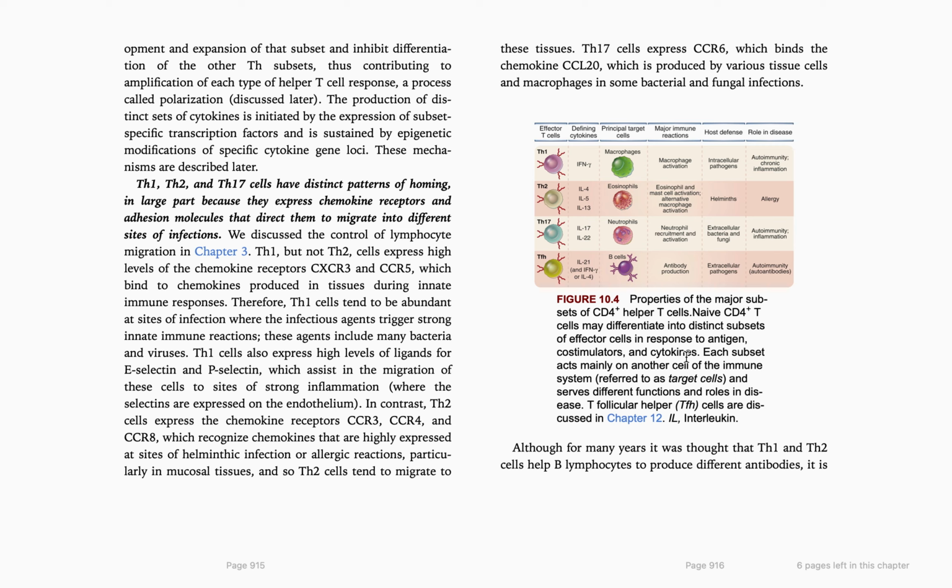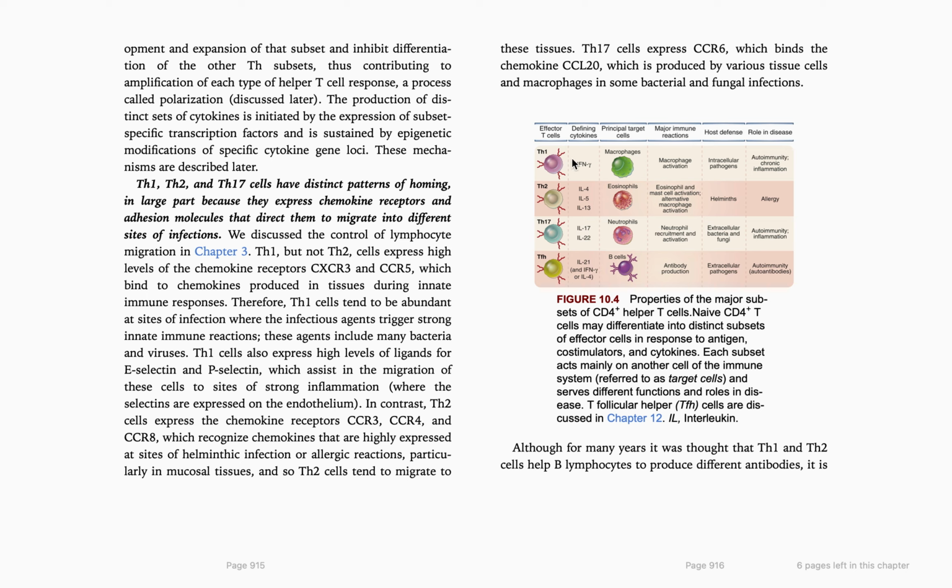Naive CD4 T cells may differentiate into distinct subsets of effector cells in response to antigen, co-stimulators, and cytokines. Each subset acts mainly on another cell of the immune system, referred to as the target cell, and serves different functions and roles in disease. T follicular helper cells are discussed in chapter 12. So here, when you go directly to this diagram, you see T helper 1, the effector cell.